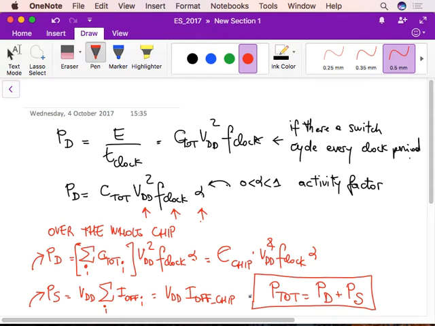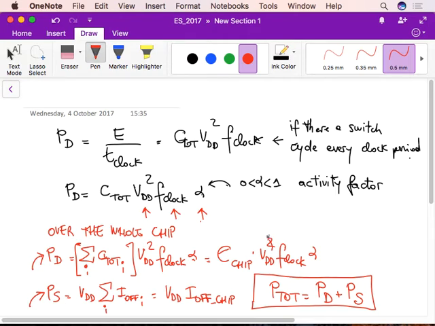Now let's discuss a bit these quantities. It should be clear up to now that there's a strong reason for reducing the supply voltage as much as possible.